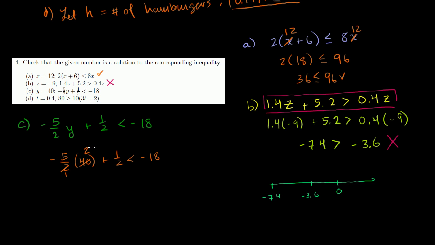So 40 becomes a 20. So that becomes minus 5 times 20, which is minus 100, plus 1 half is less than minus 18. Well, you could view this as negative 99 and a half, or you could view this as adding 0.5 to minus 100, which gives negative 99.5. That is less than negative 18, which is definitely true. This is more negative than this is. So this is correct.